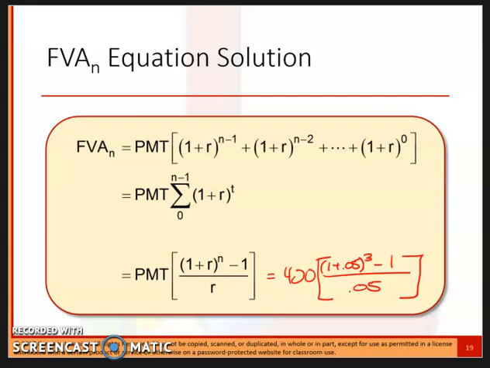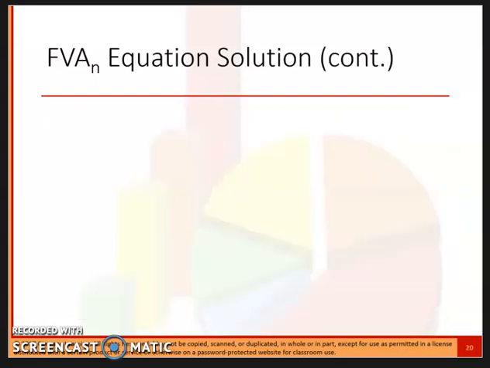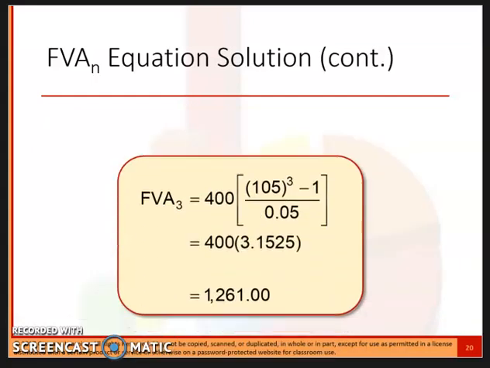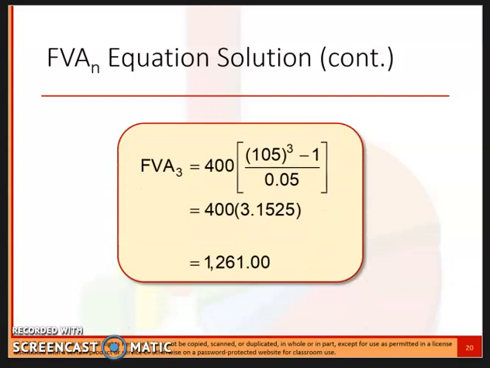So this is the equation solution. As I drew on the previous page, we take our $400, multiply by 1.05 to the third power, subtract 1, divide by 0.05, and we get $1,261.